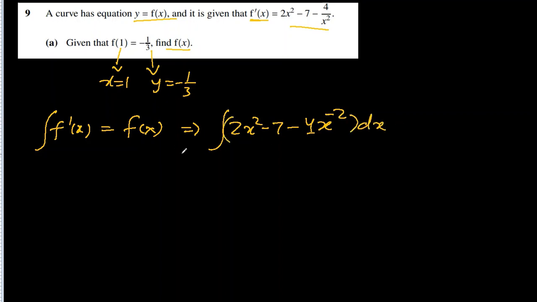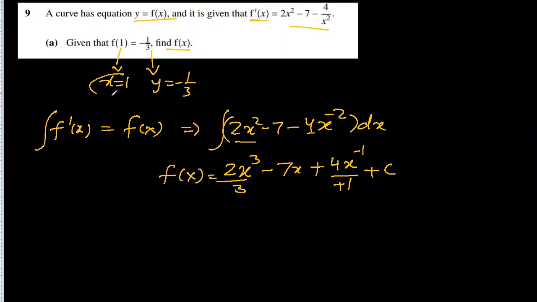Integrate with respect to x. So the integration of 2x squared will be 2x cubed over 3, minus 7 will be minus 7x, and minus 4x to the power minus 2 will be minus 4x to the power minus 2 plus 1, which is minus 1, divided by minus 1. So we can cancel these negatives, and then there will be c, and that is f(x).